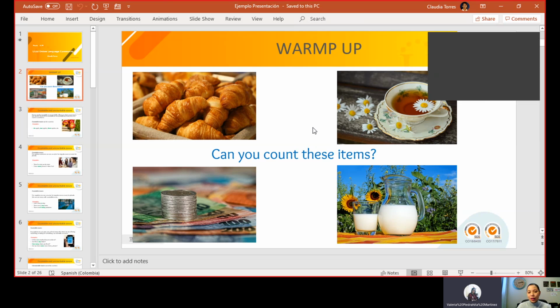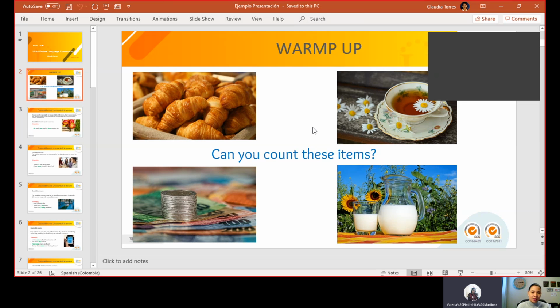Okay, now let's look at the last picture. What can you see in the last picture? A jar of milk. Yes, right. So those nouns are uncountable.